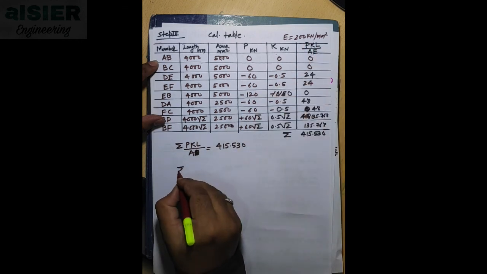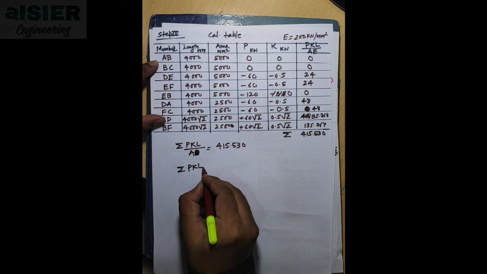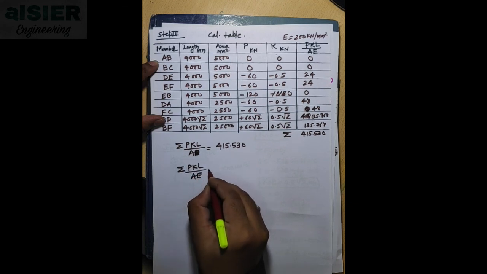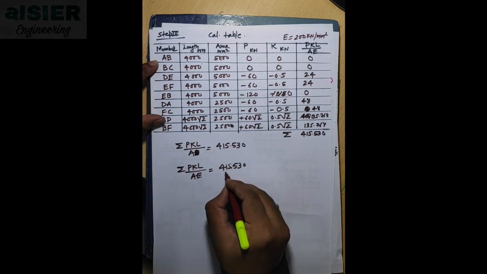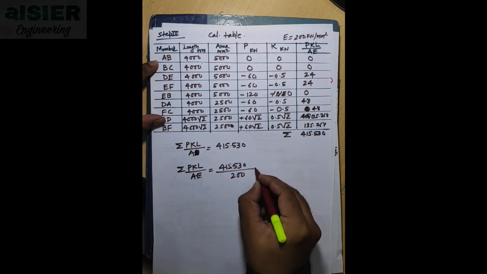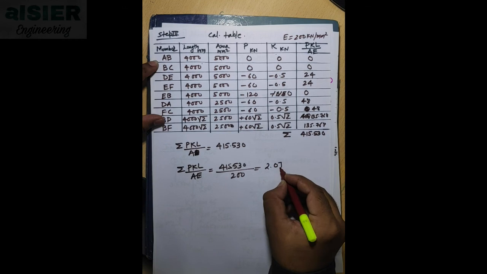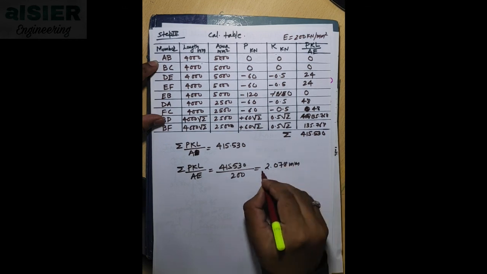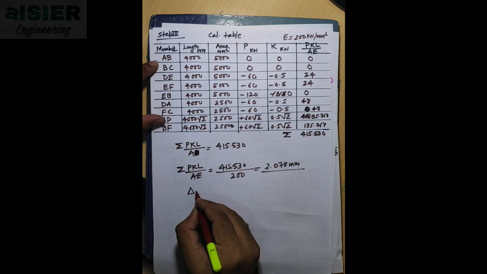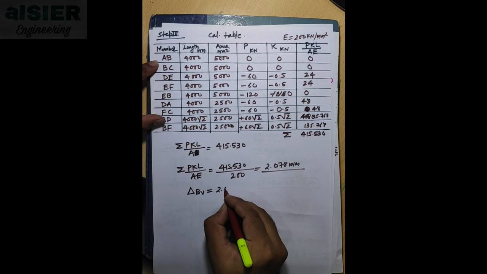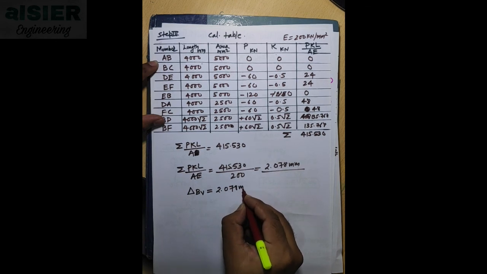So PKL upon AE will be equal to 415.530 upon 200. So we get 2.078 mm. This is the vertical deflection at point B, which is 2.078 mm.